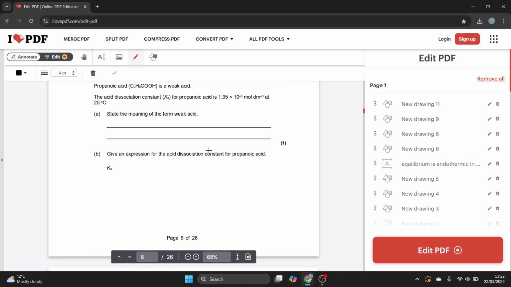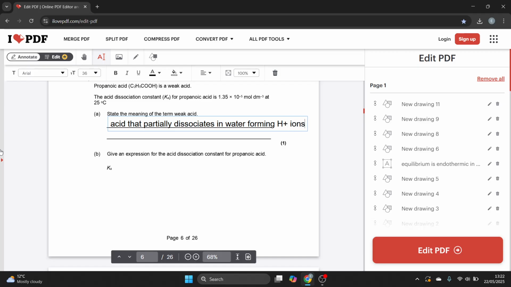State the meaning of the term weak acid. An acid that partially dissociates in water, forming H plus ions.